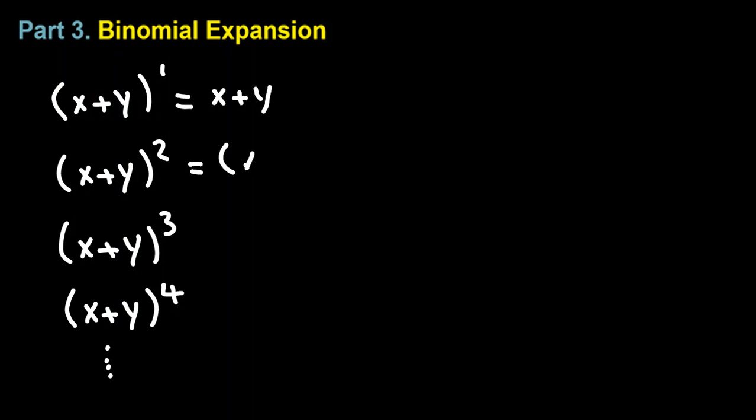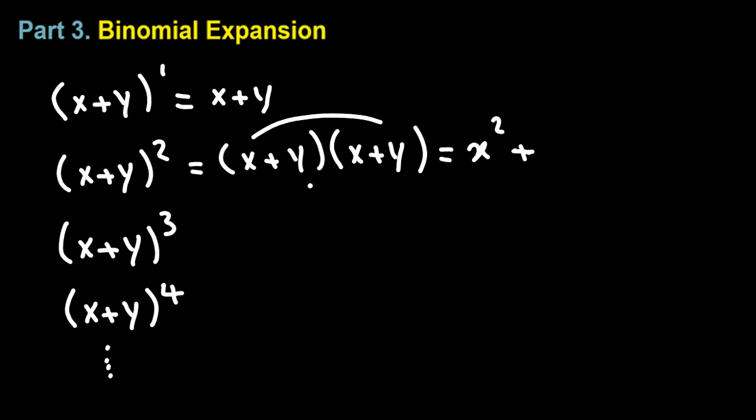The second one, you say x plus y times x plus y. So for x squared, you have only one way to select x, x. For xy, you can select xy, yx. So it will be xy plus xy, 2xy. And for y squared, you should select y from both parts. So it will be plus y squared.